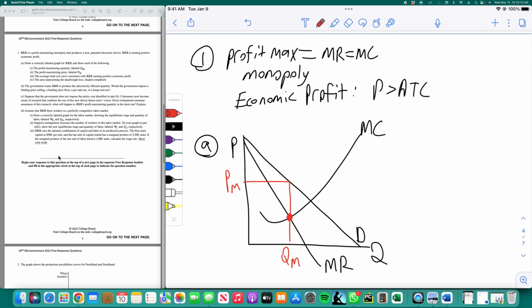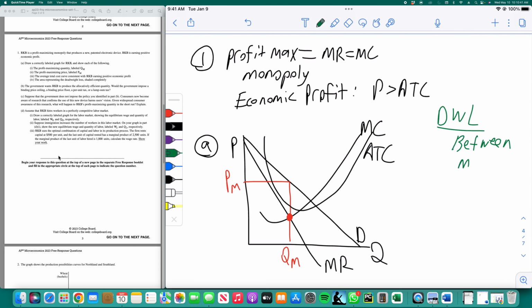The next thing they ask you to do is the average total cost showing positive economic profit. So you'll do this. Notice that my ATC is below my price. The next thing they ask you is to shade the deadweight loss completely. The deadweight loss is everything between marginal cost and demand.